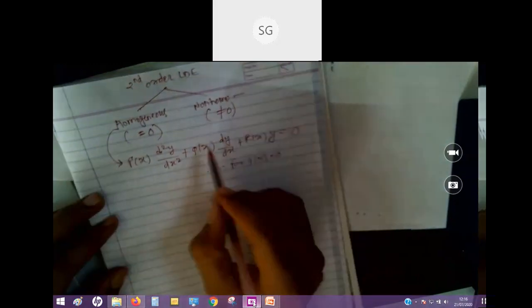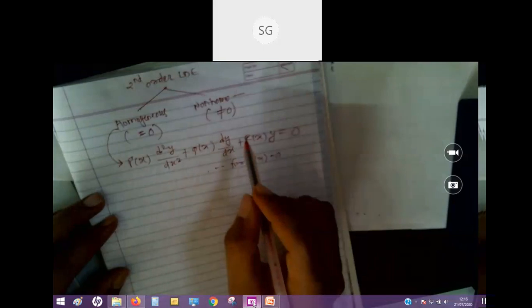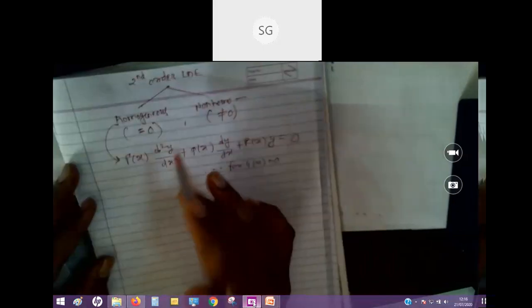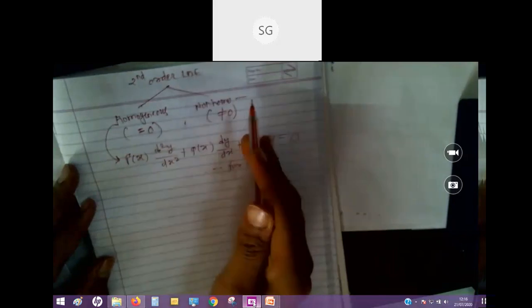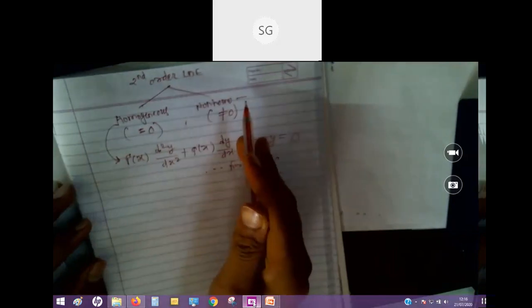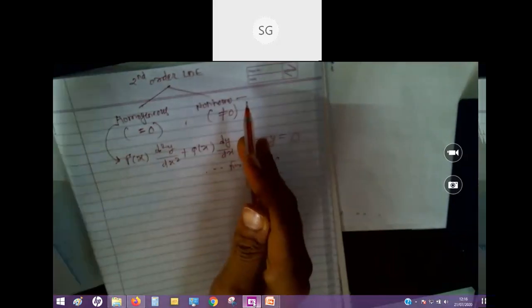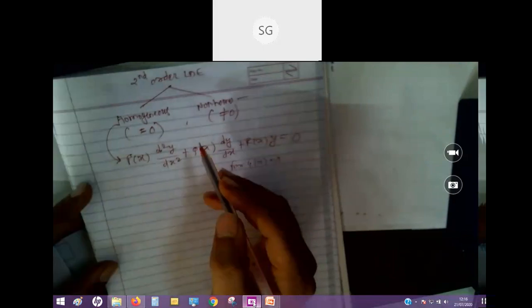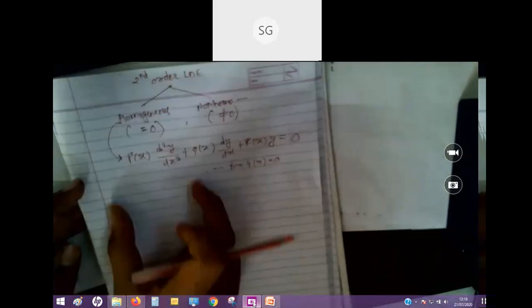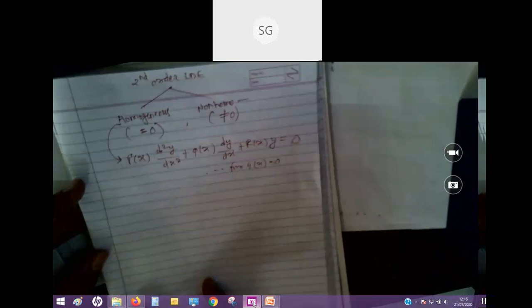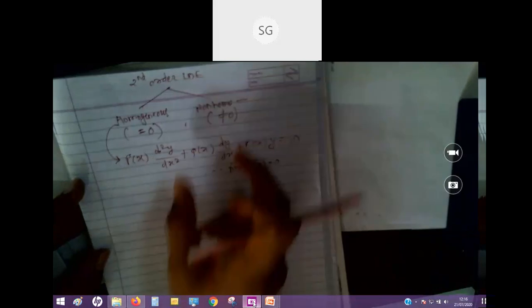So in an RLC circuit you will come across both forms, homogeneous and non-homogeneous. Depending on the homogeneity or non-homogeneity, there are different ways to find the solutions. If it is homogeneous, there is a particular method to find the solution; if non-homogeneous, there are other particular methods.